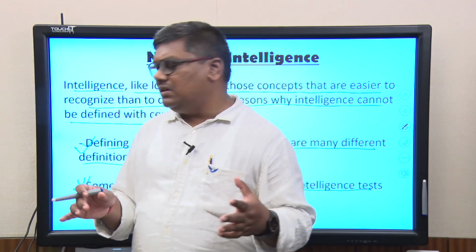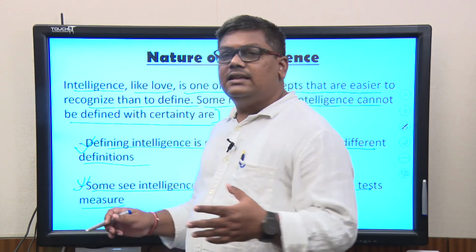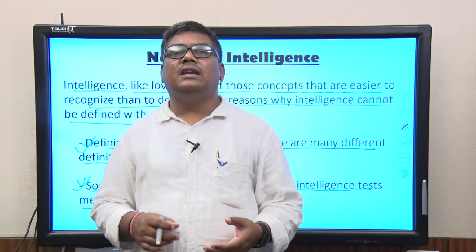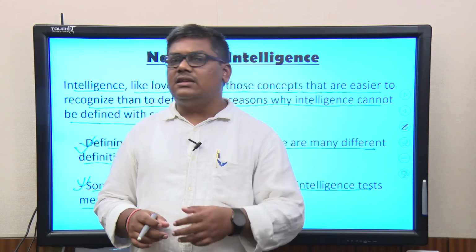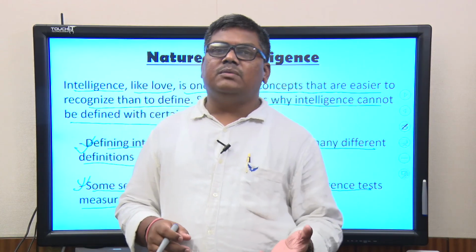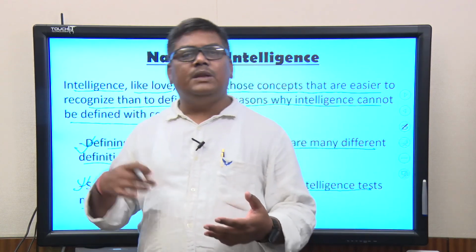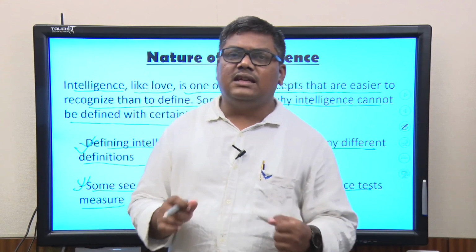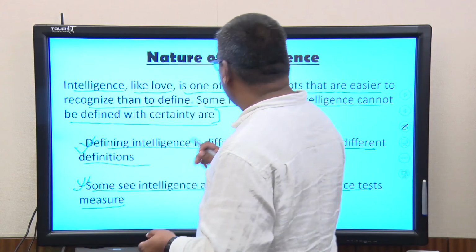And so there are several definitions. The idea that what an intelligence test measures is intelligence is wrong, because there are different kinds of intelligence tests. You have an academic intelligence test, you have an intelligence test which measures your emotionality, there are spiritual intelligence tests, and so on and so forth. So if intelligence is defined by an intelligence test, the definition is wrong.